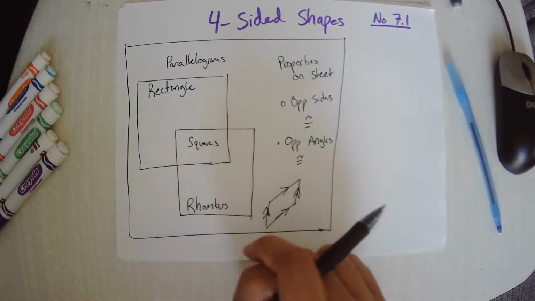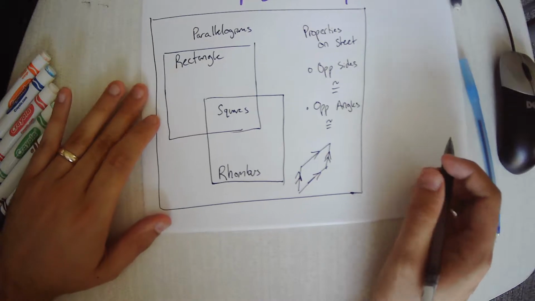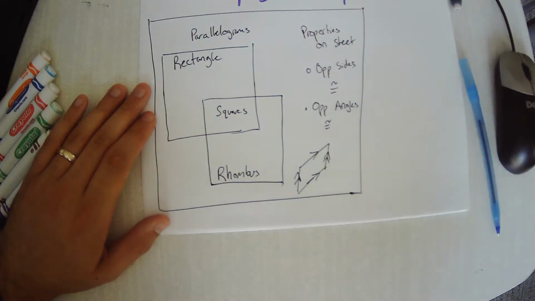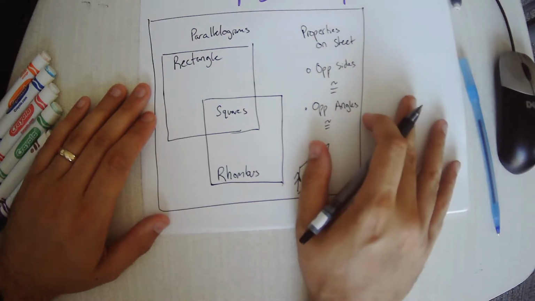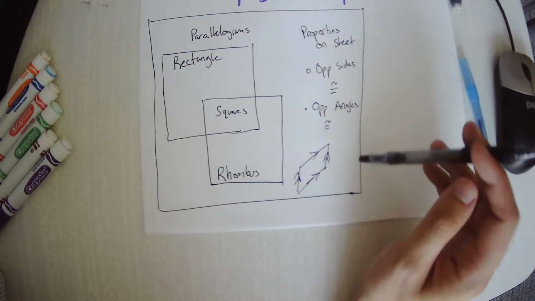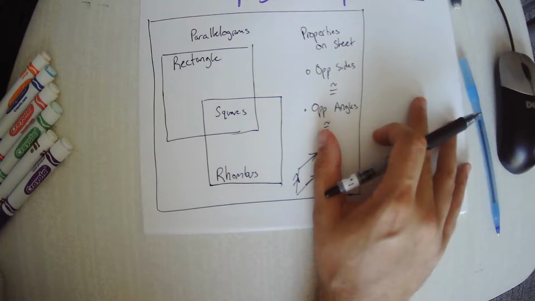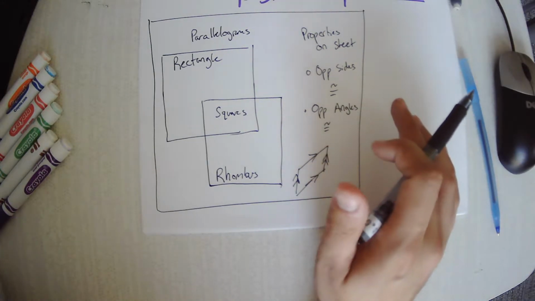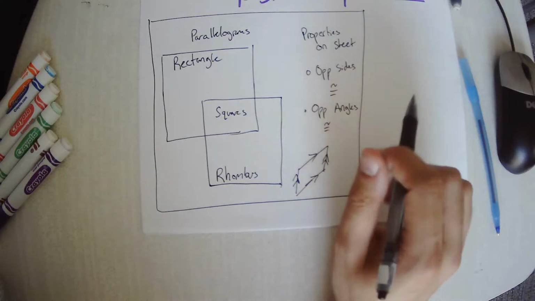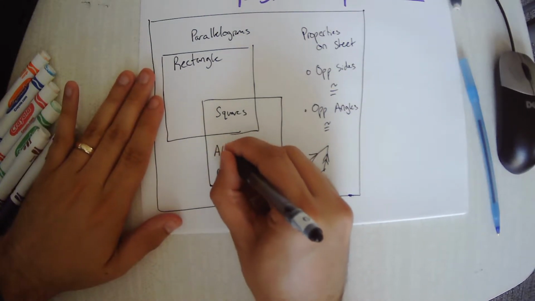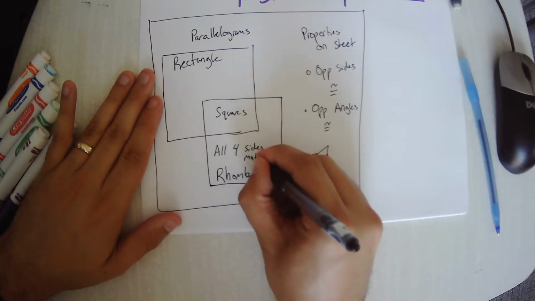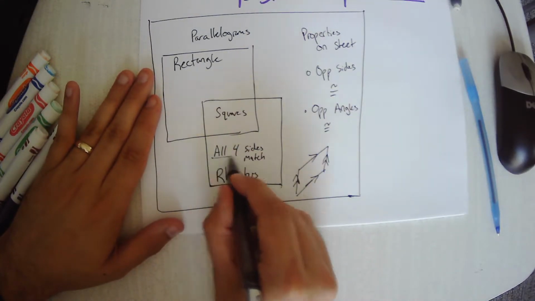What is the defining trait of a rhombus? Anyone remember? Here, Jack, go show them real quick. All 4 sides are going to match. That is the defining thing about a rhombus.